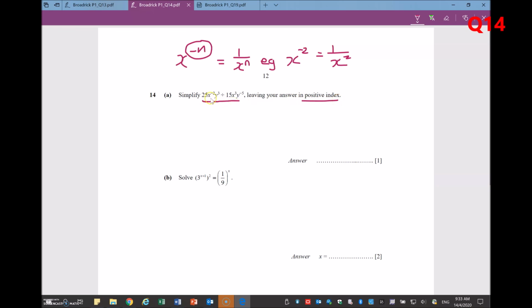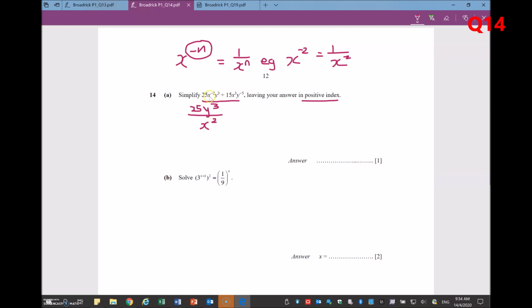So I note that x to the power negative 2 has a negative index, and y to the power negative 5 is also a variable with a negative index. So I'm going to change the negative index to positive index. For this term, it becomes 25 y to the power of 3 over x to the power of 2.